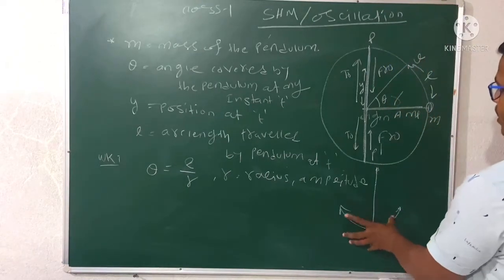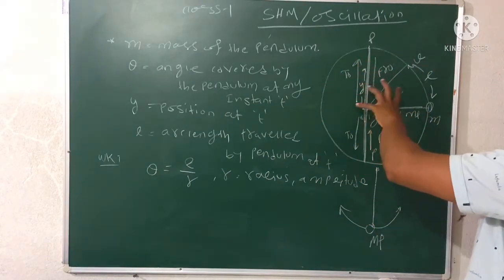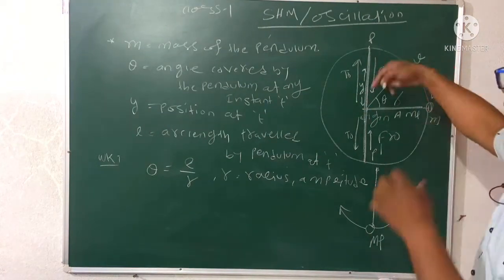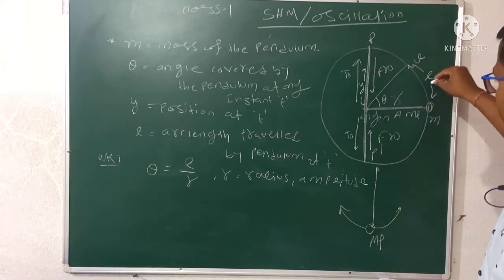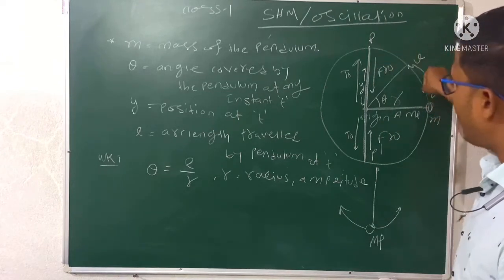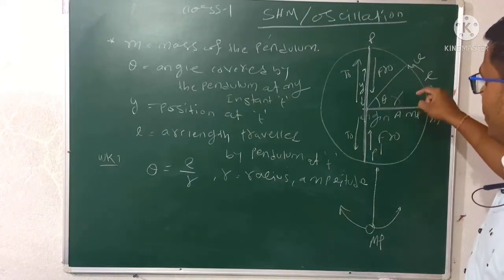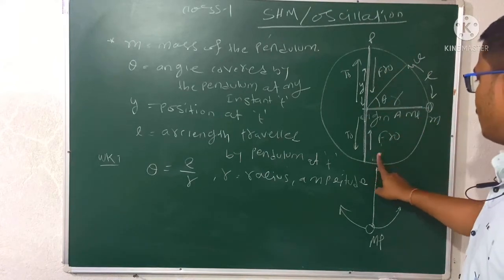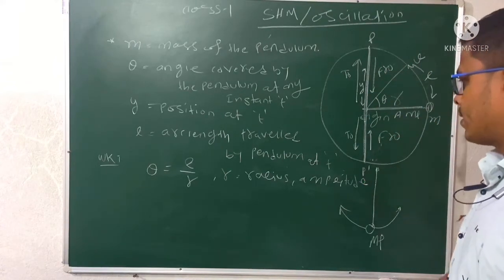These two motions I have compared with this circular path. Remember, this is the arc path, and the motion is on PP dash.